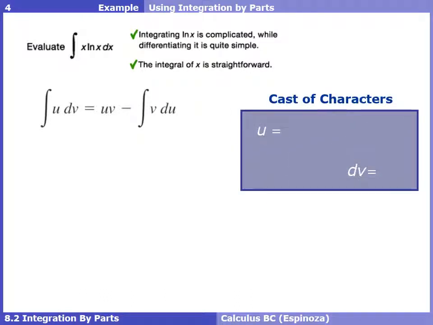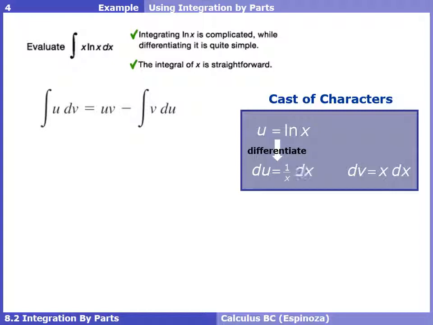Things that we need to put in there are going to come from this cast of characters idea that I introduced from before. So, the u is again going to be the ln x, because that's easy to take the derivative of compared to taking the integral of ln x, and then the dv will be the x dx portion of our problem.